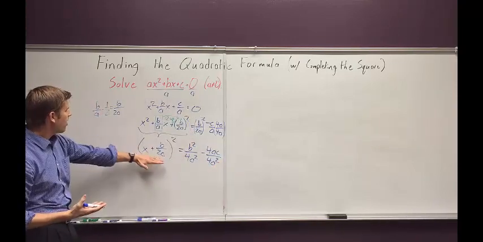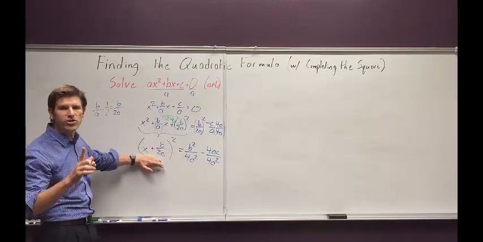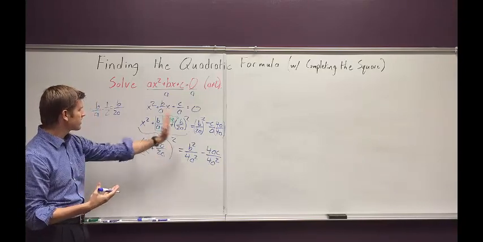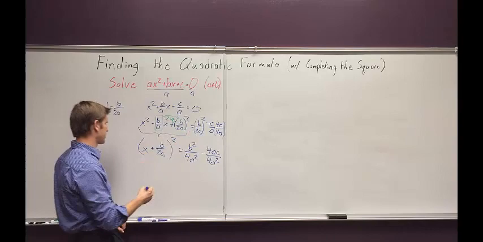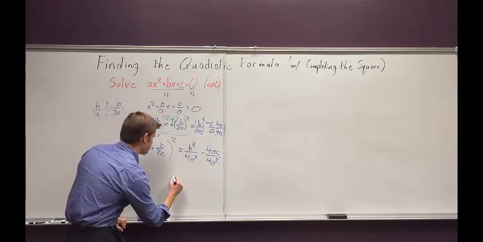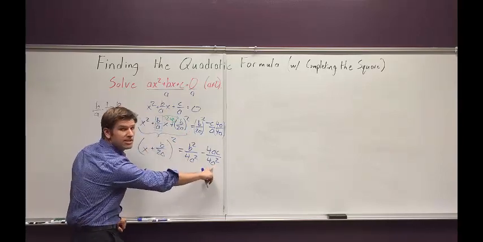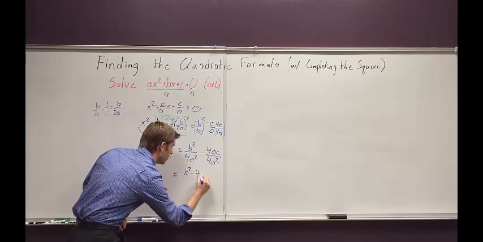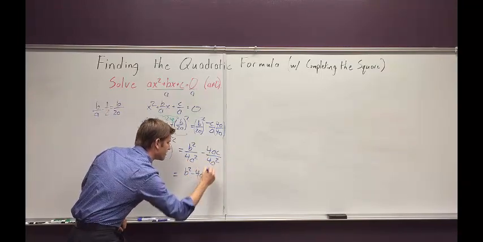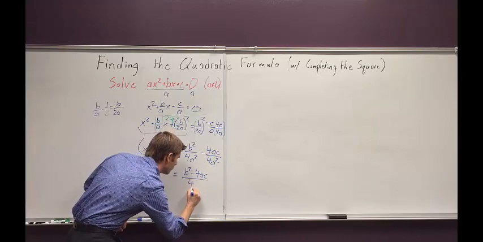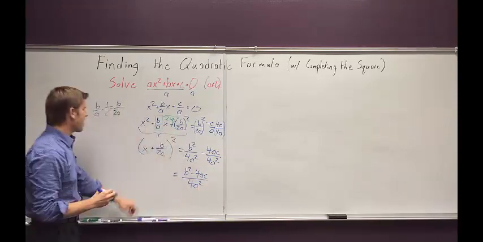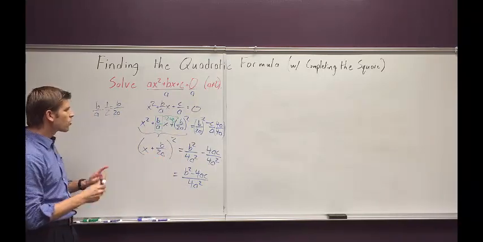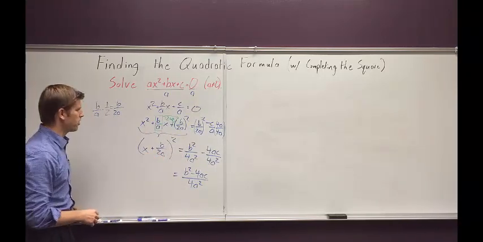Okay, so now I've got 1x. Once you have 1x, I'm trying to solve for x, now I can start moving stuff away from the x. So maybe I'll combine these since I have the same denominator. I'll write it as b squared minus 4ac all over 4a squared. And I would like to square root both sides.